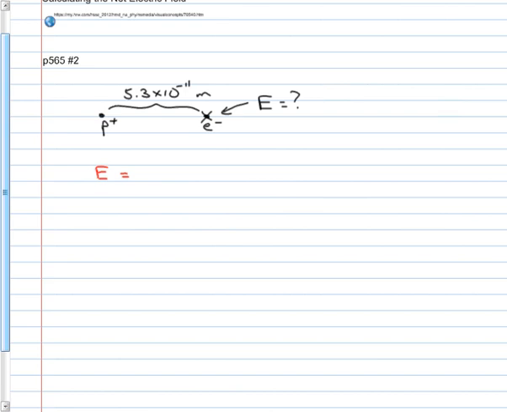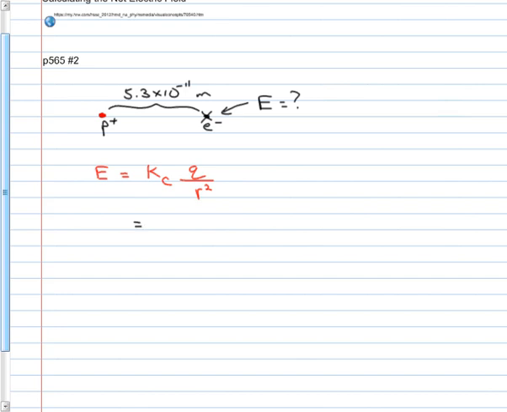Coulomb's constant, the charge producing it, divided by the distance between it squared. The proton is the charge producing it. So we're not going to be using the electron, we're going to be using the proton. What's the electric field strength at this location right over here? They also want the direction.